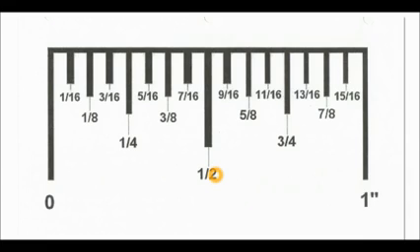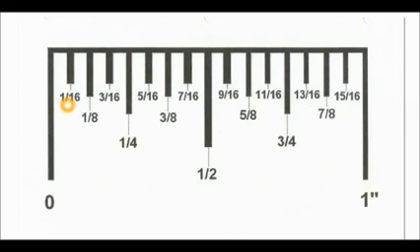If you look at this ruler, you will see a number of 16ths, and you'll see a second row of 8ths, and then you'll see 4ths, and then you'll see halves. So if we're trying to determine measurement, you essentially need to remember that within that 1-inch space, you're going to have 16ths, 8ths, 4ths, or half.